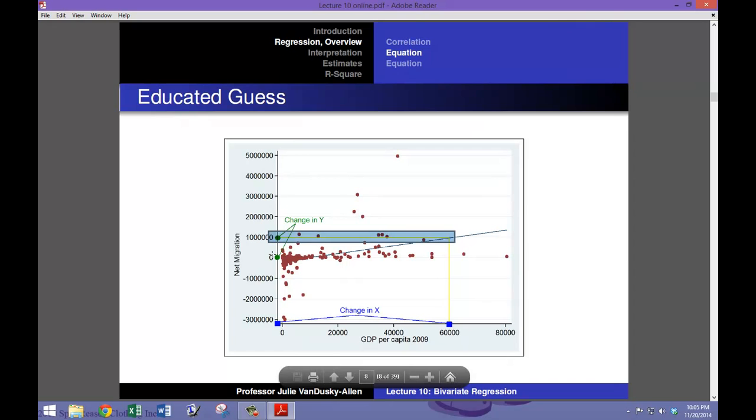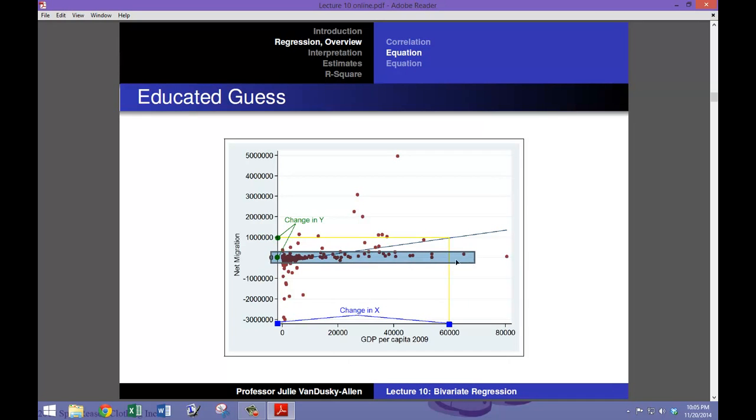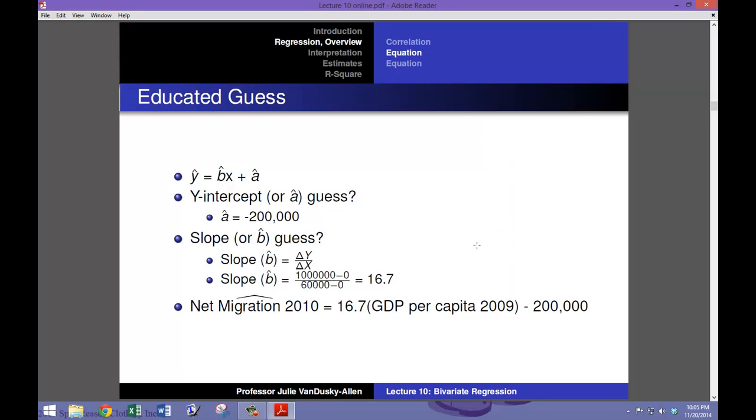X went from 0 to 60,000. So for the denominator, I calculate 60,000 minus 0. B hat turns out to be 16.7. So my educated guess equation for the regression equation between these two variables would be net migration 2010 hat equals 16.7 times GDP per capita 2009 minus 200,000.